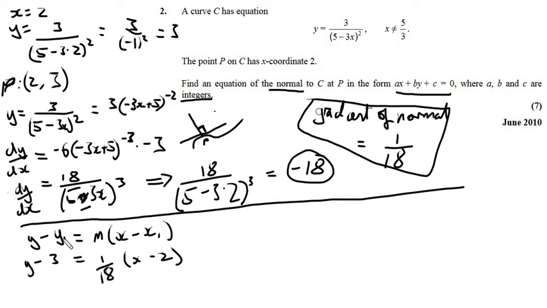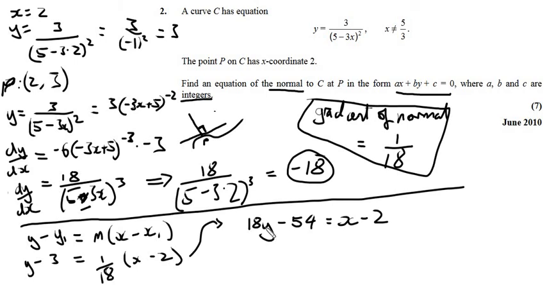It wants us to give a, b and c in integers, so let's multiply through by 18 to get rid of this 1 over 18, and that will just become 18y minus 3 times 18 is 54 equals x minus 2.